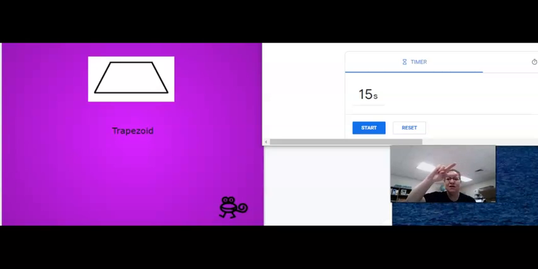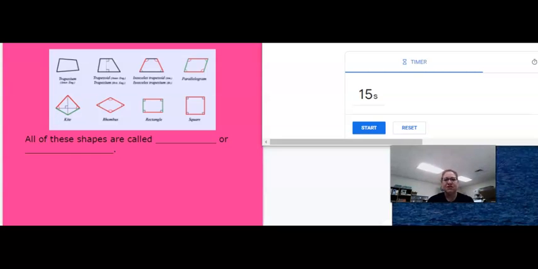They have one set of parallel lines and the other ones are intersecting. All of these shapes are called what?